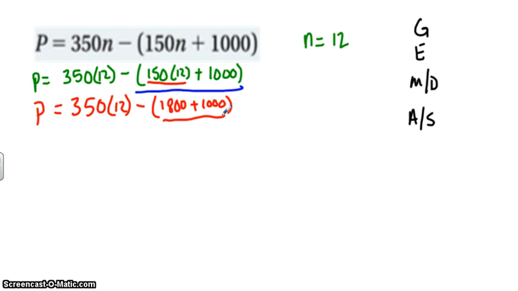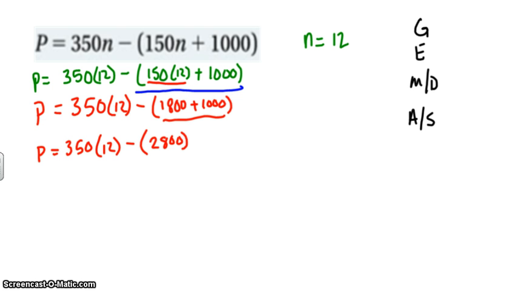All right, and so we rewrite that as P equals 350 times 12 minus, inside of the parentheses we have 1,800 plus 1,000. That would be 2,800 inside parentheses. Now at this time we could probably drop the parentheses.